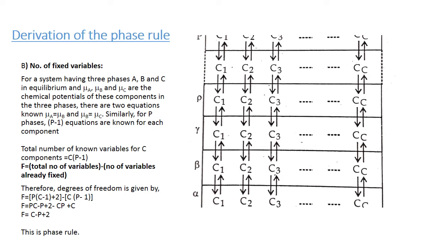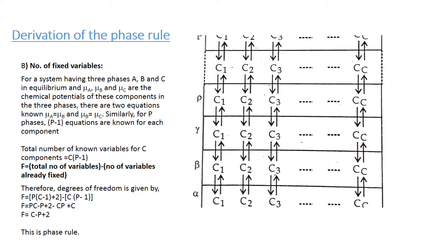Now for the formula of degrees of freedom, the total number of variables that we calculated and the number of variables already fixed are both calculated. So we put these two values in this formula.